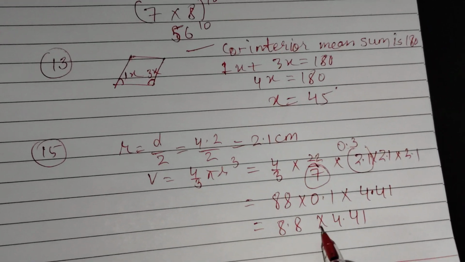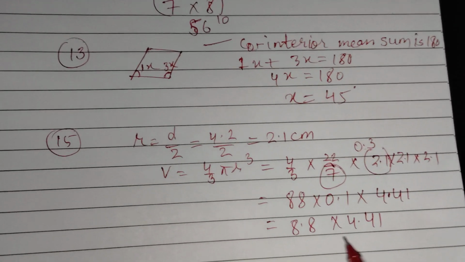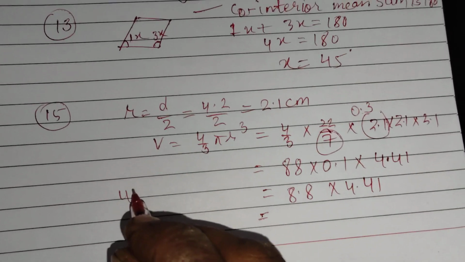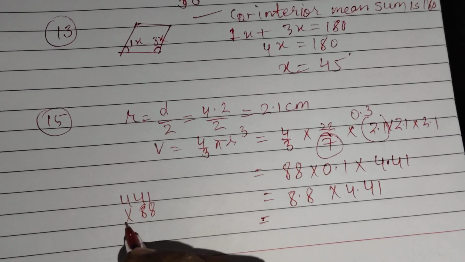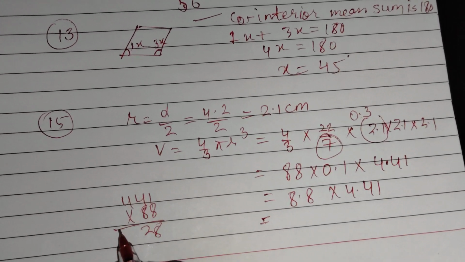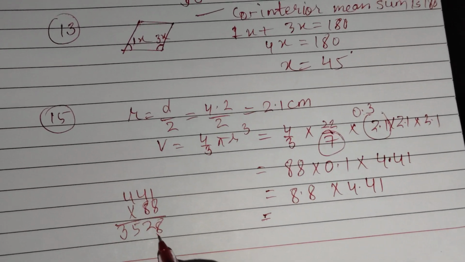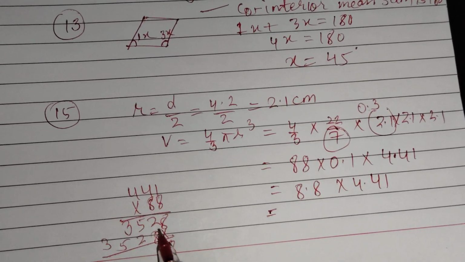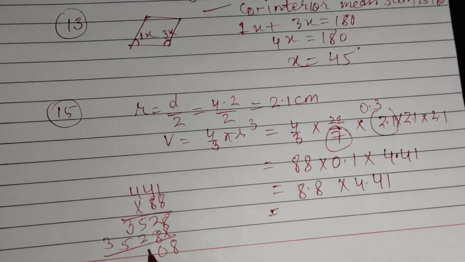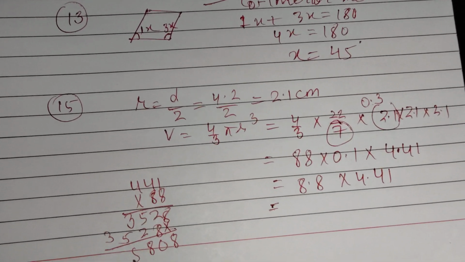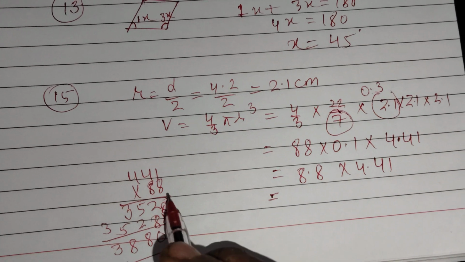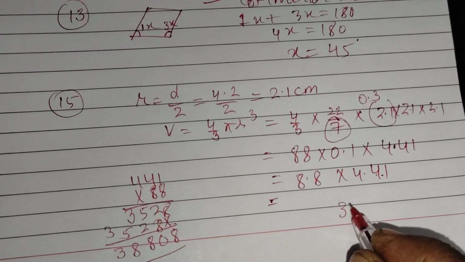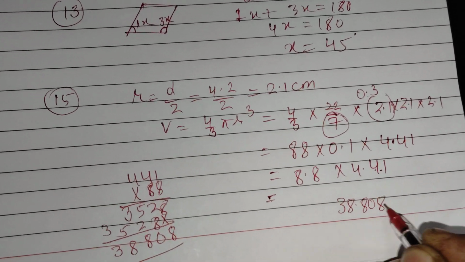Multiplying 4.41 with 8.8, we get 38.808 centimeter cube.